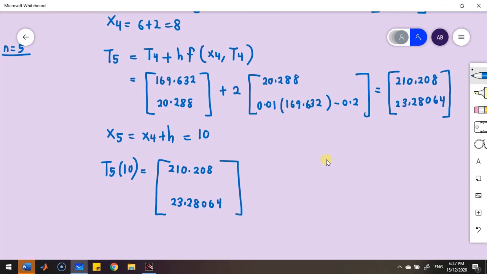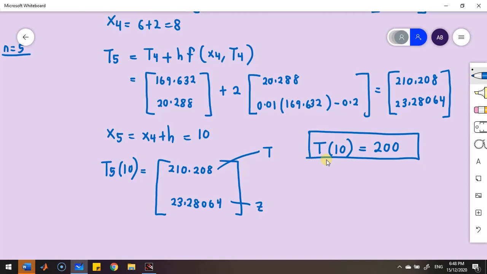Okay, so we can see that we know this is my T, this is my Z. The boundary condition given is T10 is 200. Now look at my prediction with Z0 equals 15.